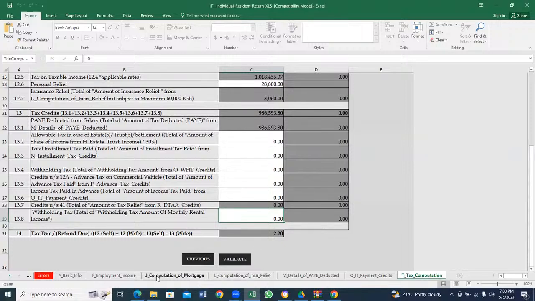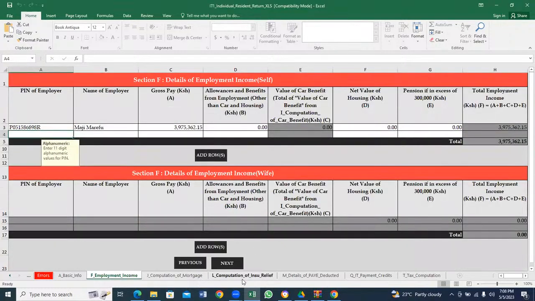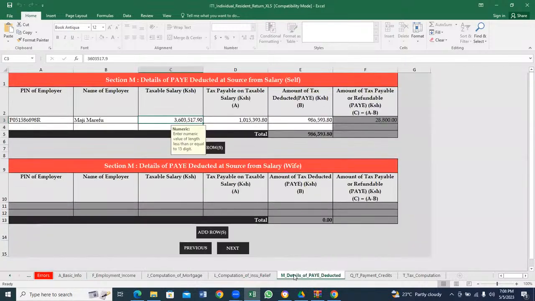That is basically how you compute relief. So that now, when you look at this one, it's something that at least makes a lot of sense.